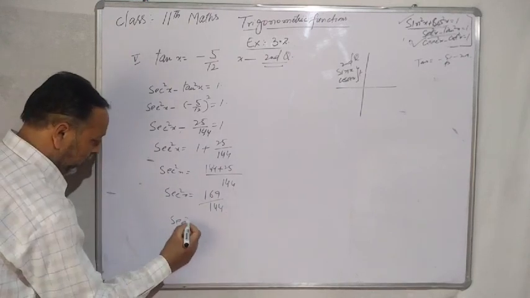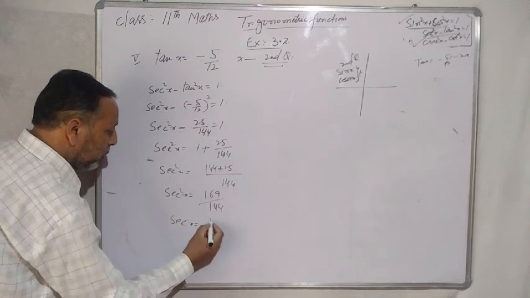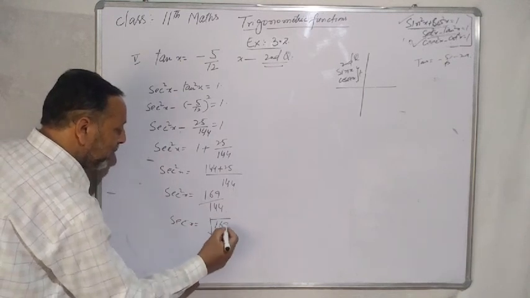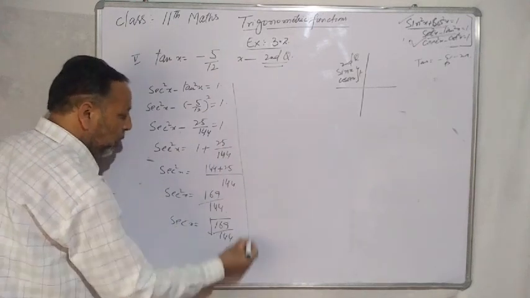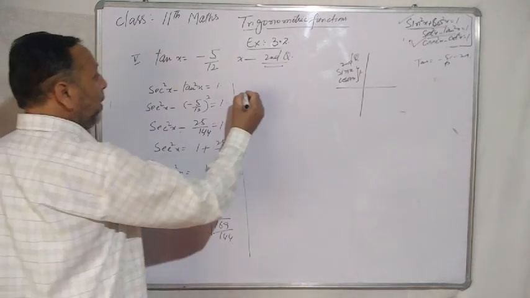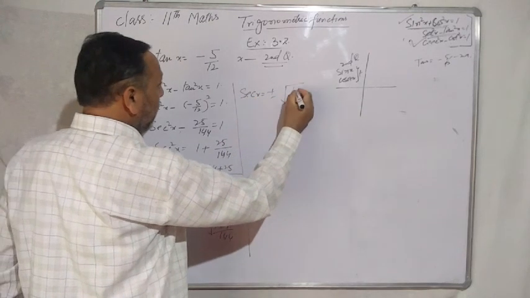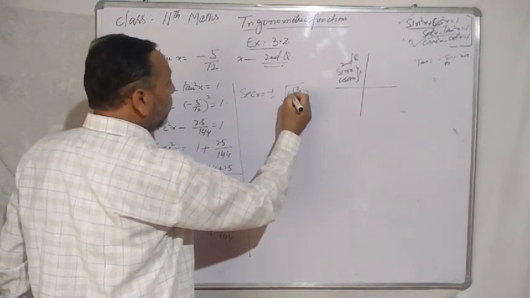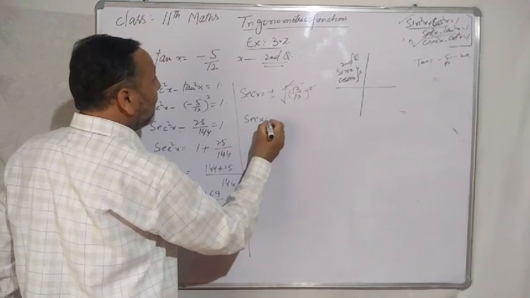Or sec x is equal to plus minus square root of 169 over 144, that is plus minus root of 13 by 12 whole square. Square and root cancel.